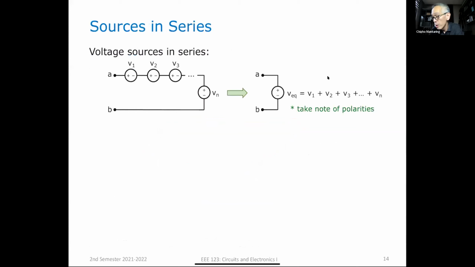Let's continue. What happens when you have voltage sources in series? If I have this particular arrangement, V1 in series with V2 in series with V3 all the way to Vn, and I apply Kirchhoff's voltage law to terminals A and B, I'm going to get VAB, which is equal to V equivalent, is just V1 plus V2 plus V3 all the way to plus Vn.